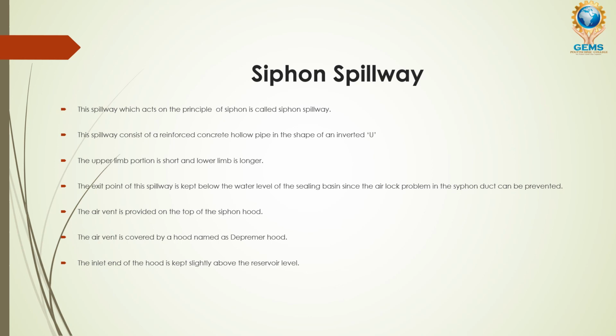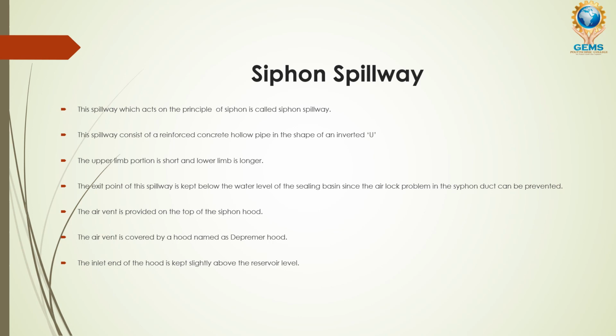Okay, the siphon duct is present at the outlet portion, which avoids the airlock. Then the air vent is provided on the top of the siphon hood. This siphon duct, which prevents the airlock, releases the air present in the siphon tube to the air vent, so that the air will pass freely and the water will pass freely through the outlet portion. The air vent is covered by a hood named the deprimer hood.